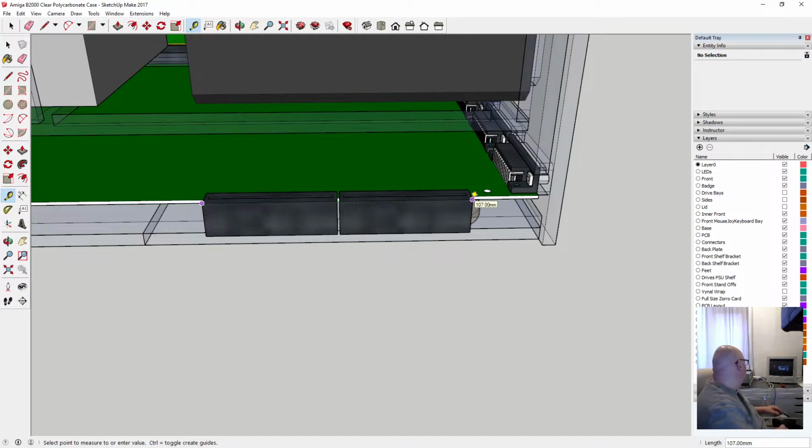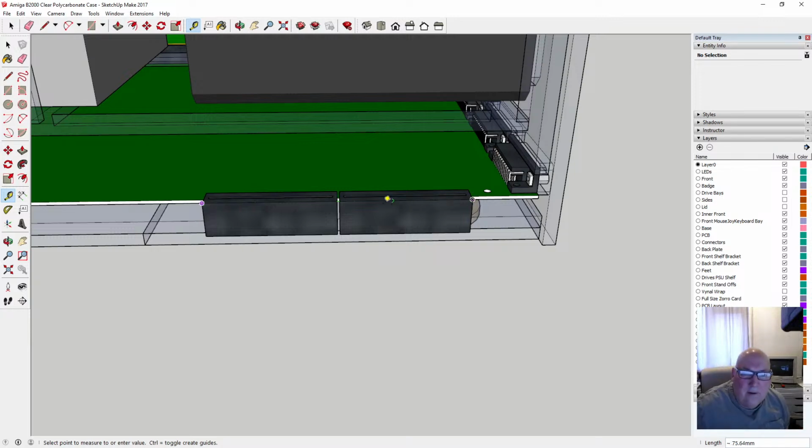Let's just measure it again. So it's 106 mil.